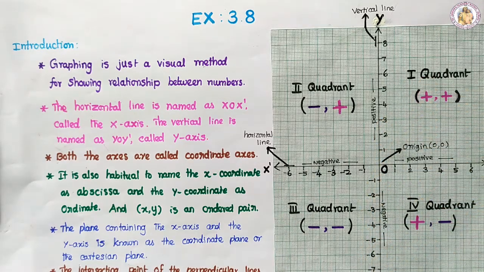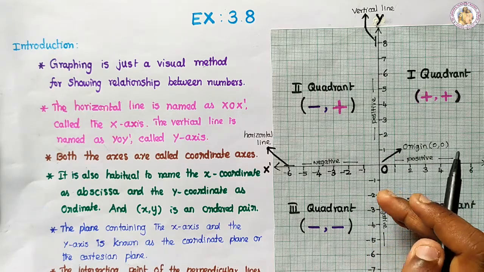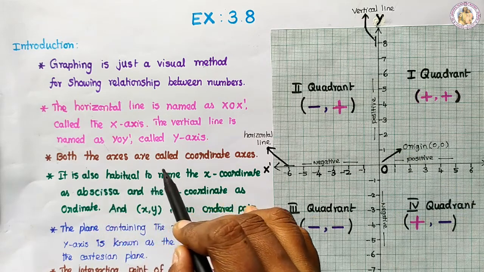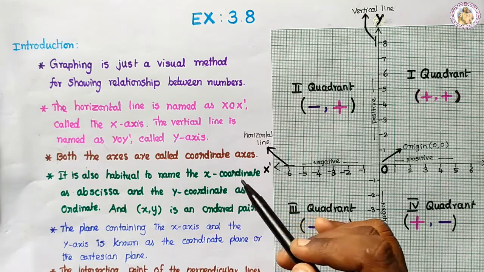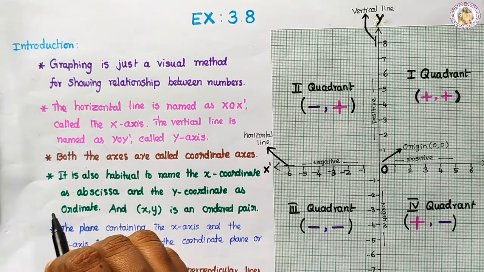Vertical line, that is the standing line. Vertical means standing line. It is called the y-axis. Both the axes are called the coordinate axes.